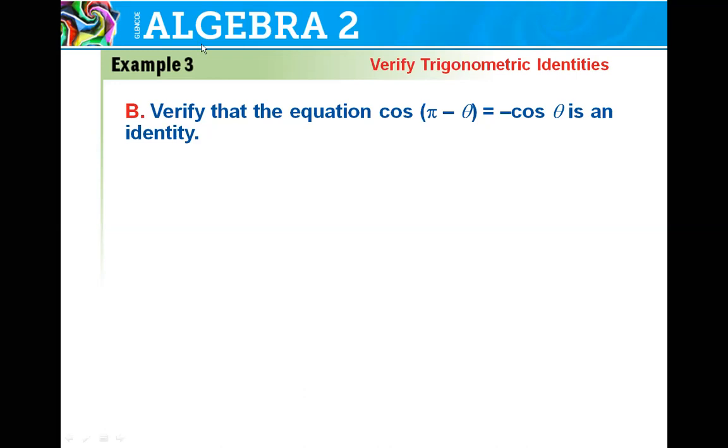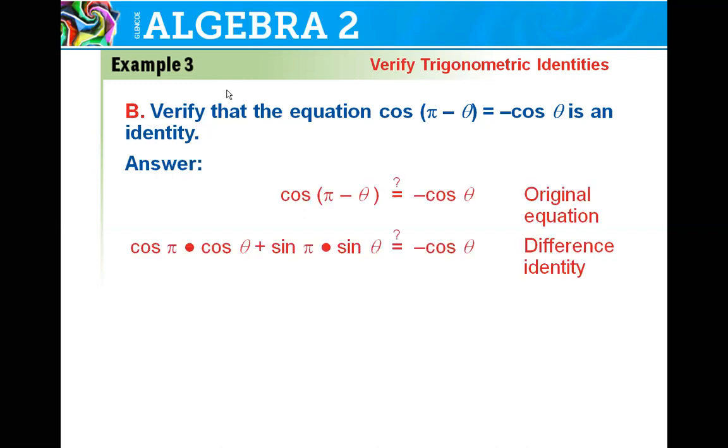Okay, the first step. We write cosine 180 times cosine theta, then complete the identity: cosine 180 times cosine theta plus sine 180 times sine theta equals negative cosine theta.